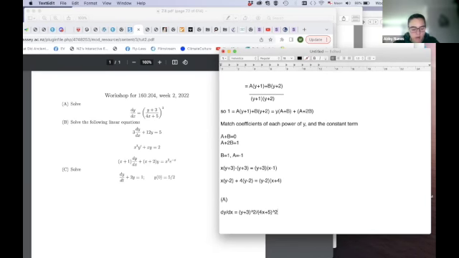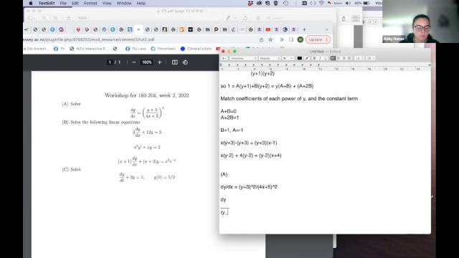So what am I going to get for the next line? 1 over y plus 3 squared dy, and then 1 over 4x plus 5 squared dx.